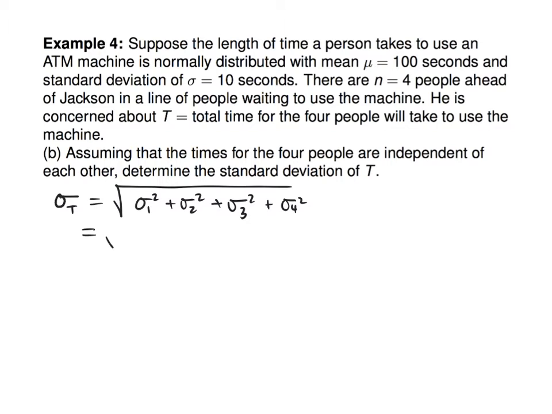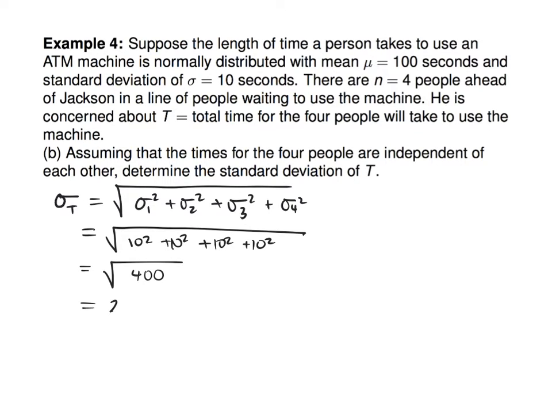And so that's like the first wait, second wait, third wait, fourth wait, but each wait is the same, really. It's just this thing being repeated. So you have 10 squared plus 10 squared plus 10 squared plus 10 squared is root of 400, which happens to be 20. So that's our standard deviation.